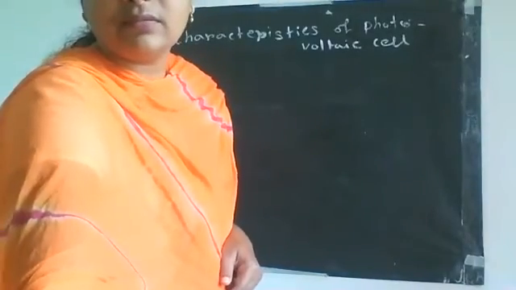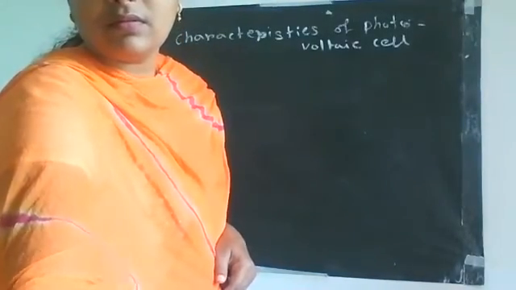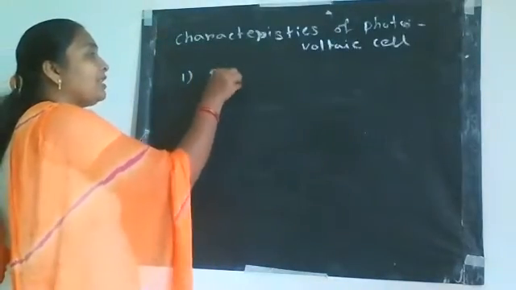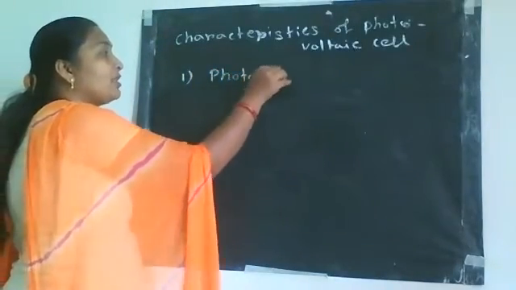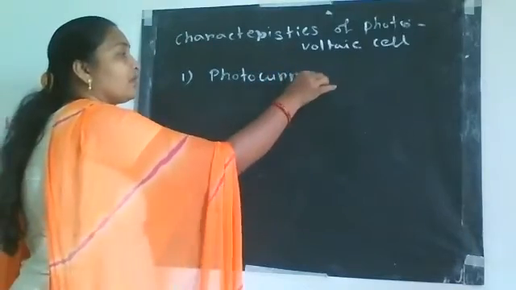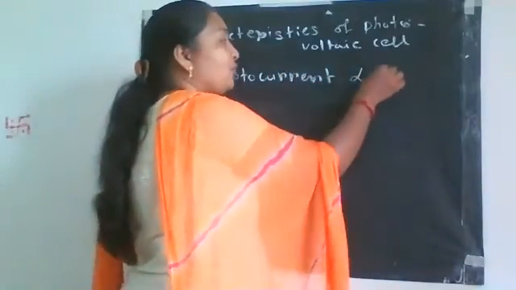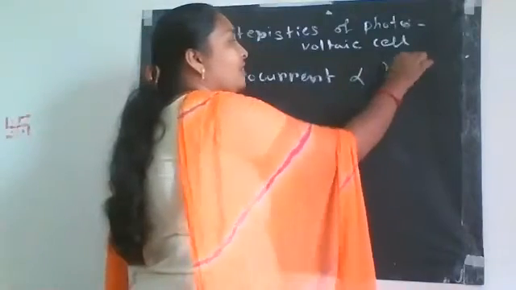So the magnitude of that photocurrent is directly proportional to the radiant power of the radiations.